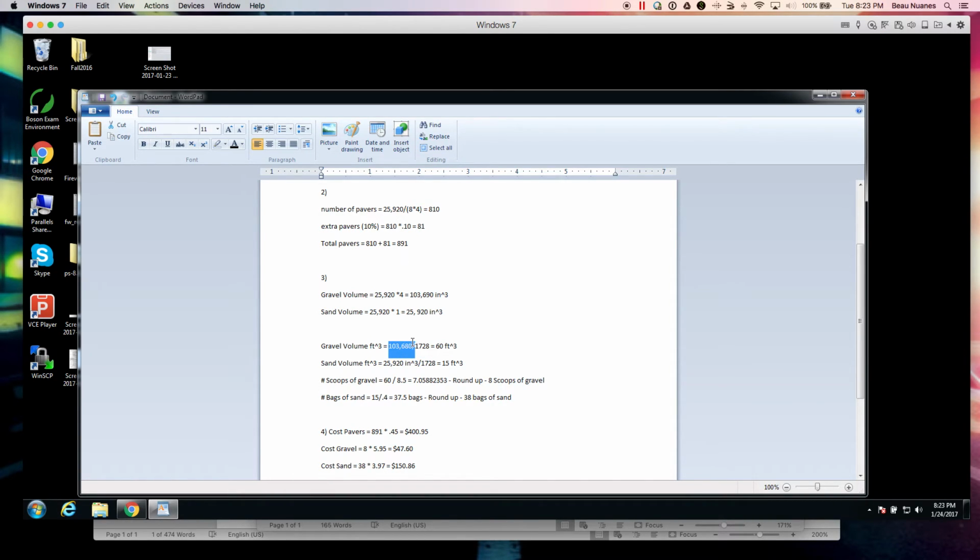That was cubic inches. If I need to convert to cubic feet, I have to use inches three times. So you can also say 103,680 divided by 12 divided by 12 divided by 12. Or you can just divide it by 1728. So that's how you convert from cubic inches to cubic feet. Good there? Good. Any other questions?